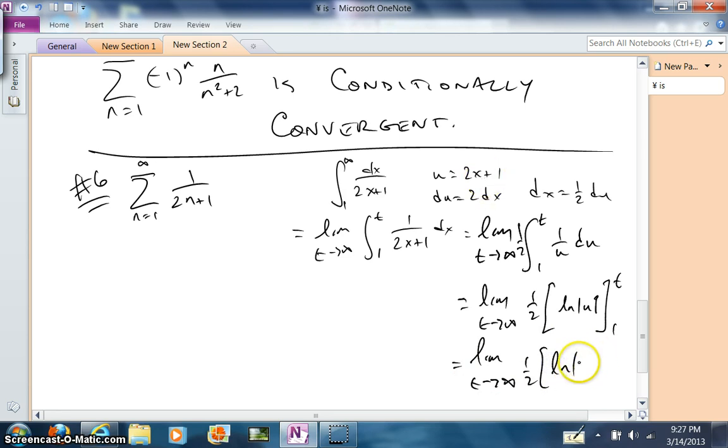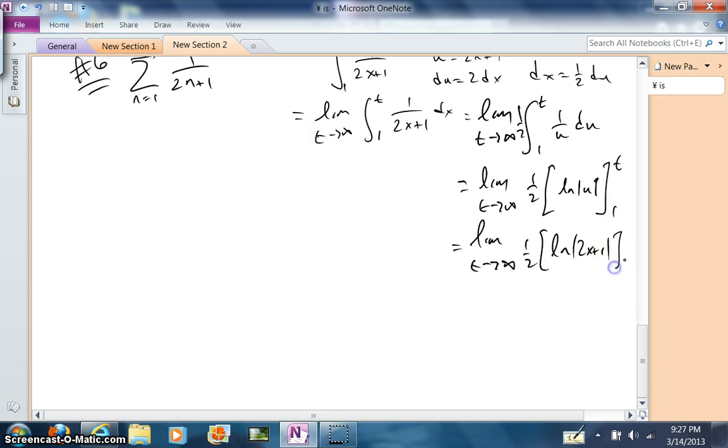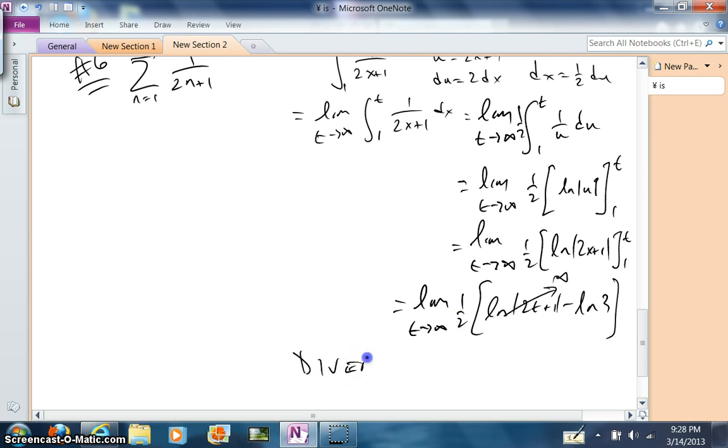U is equal to 2x plus 1. So what we finally have is the limit as t goes to infinity of 1/2 times ln of 2t plus 1 minus ln of 3. Right, and then as t goes to infinity, this goes to infinity. So this is divergent, which means the original series is divergent too.